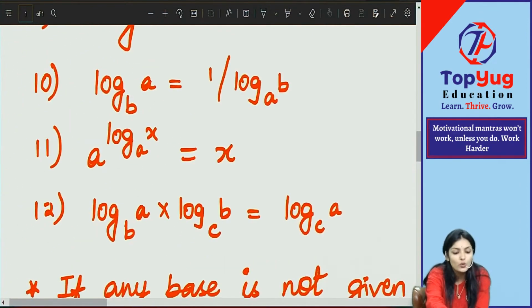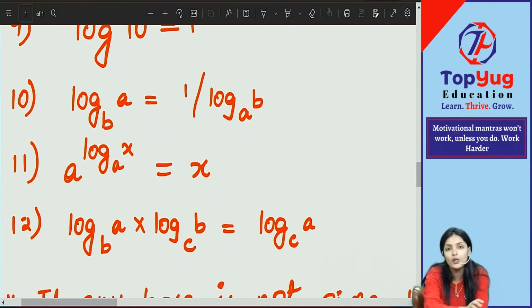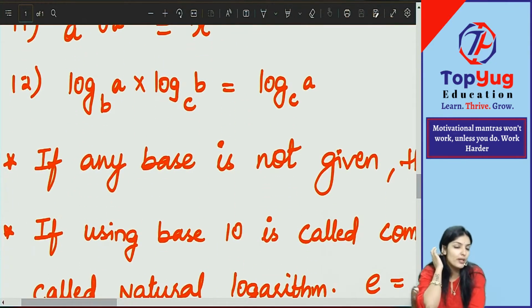Now suppose I don't want it in this form, log A to the base B. I can write 1 divided by log B to the base A, I can reciprocate it, the reverse form. Similarly, log A to the base B into log B to the base C: cancel B, B. You are left with log A to the base C. Right? Shall we proceed further?